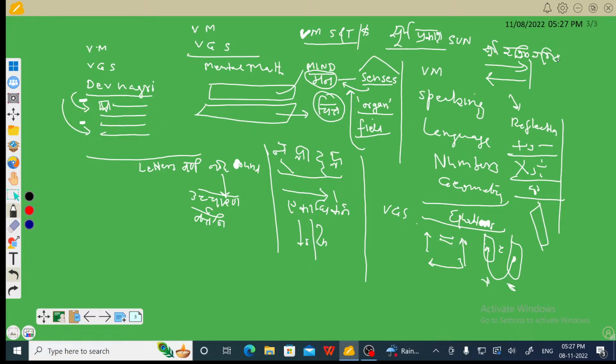Sit comfortably. Vedic mathematics teachers should approach it the way it is composed, because every system is to be approached the system way. So Vedic mathematics is also to be approached the Vedic mathematics system way.